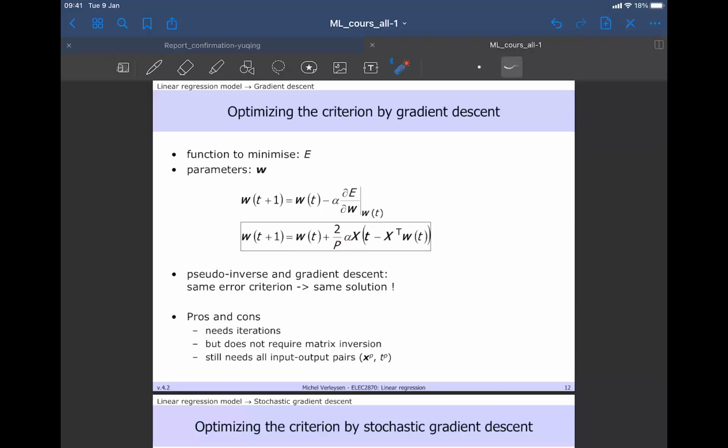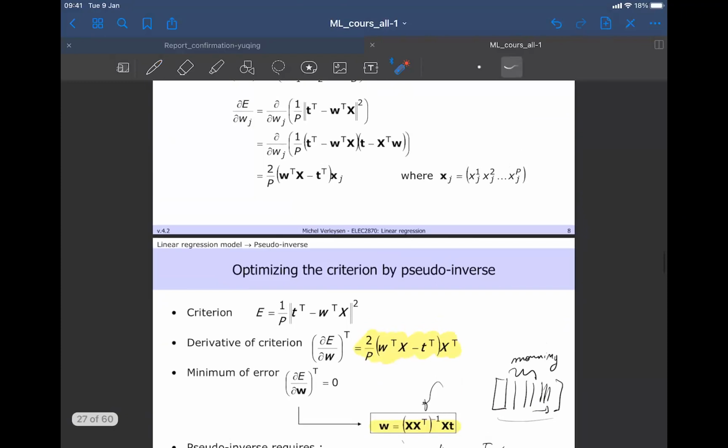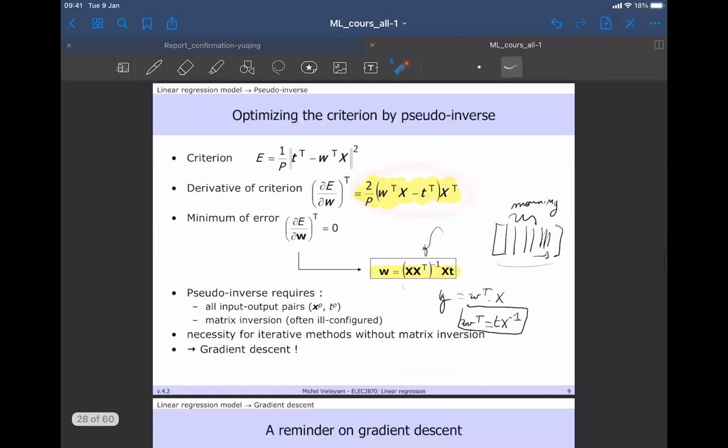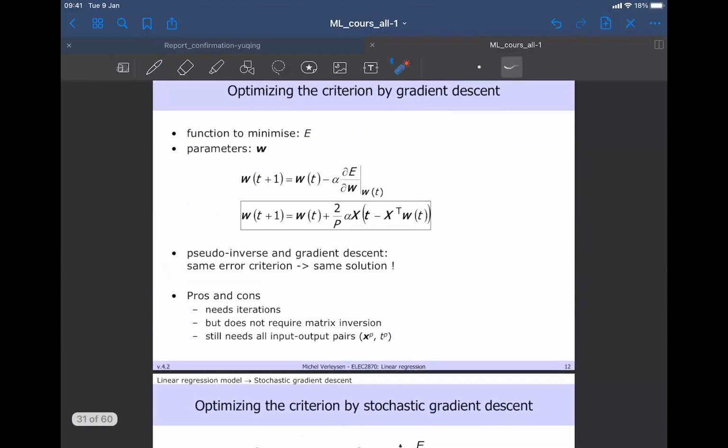So this was what we found here as the derivative of my loss. And this equation will iteratively update my weights, and so I will tend to some solution for my weights.